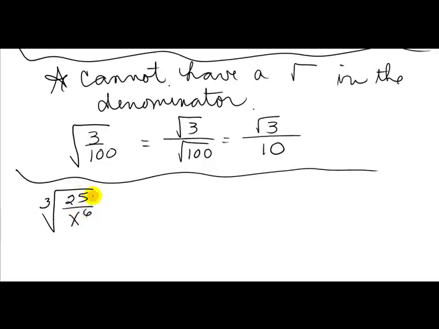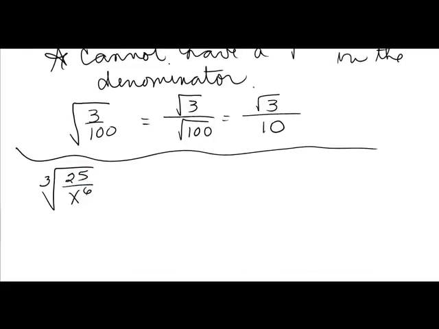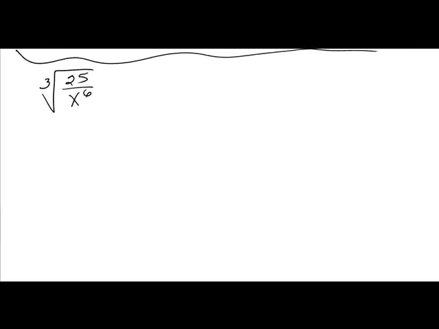All right, so we want to simplify this. We've got the cube root, so that's important to pay attention to here. When I look at this, I'm going to go ahead and split it apart.